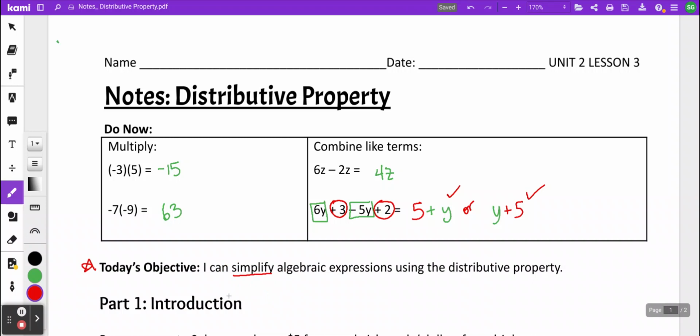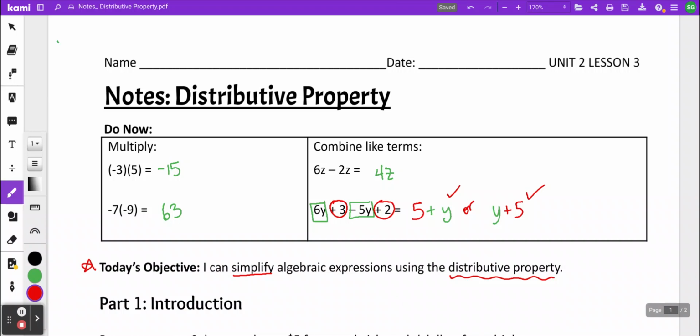Simplify is just making something simpler. So for example, I simplified this expression with 4 terms by combining, and now there's only 2 terms. That's simpler. We learned yesterday as well, algebraic expressions look like these here. There are these expressions that have variables in them. The new part for today is what this means, distributive property.